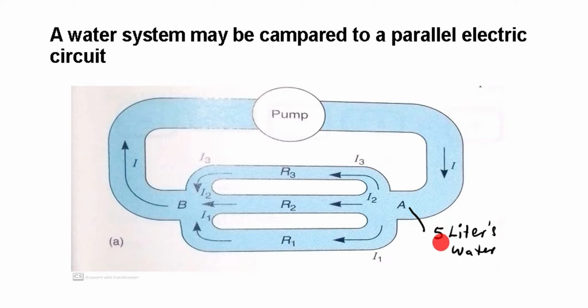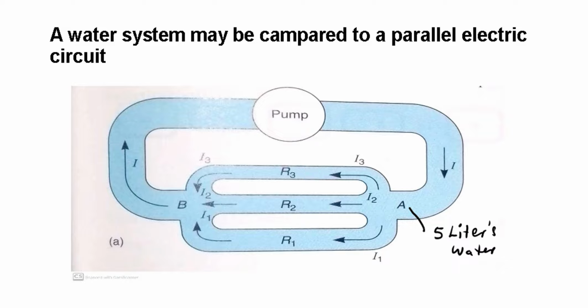Now, what you have to understand also is that the larger pipe has less opposition to the flow of water than the smaller pipe. Is that understood now? Look at this R1. R1 is larger than R2, and R2 is larger than R3.